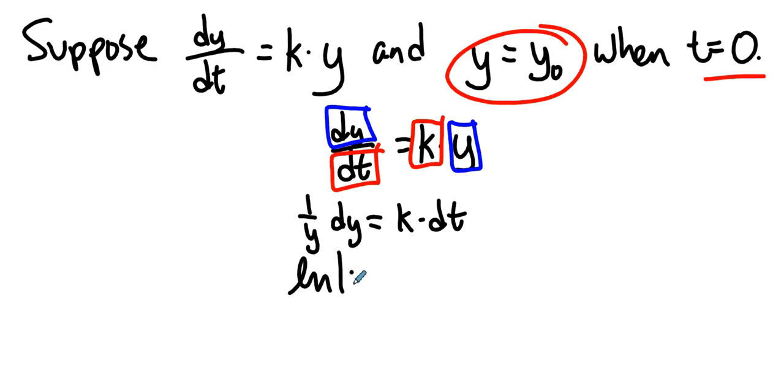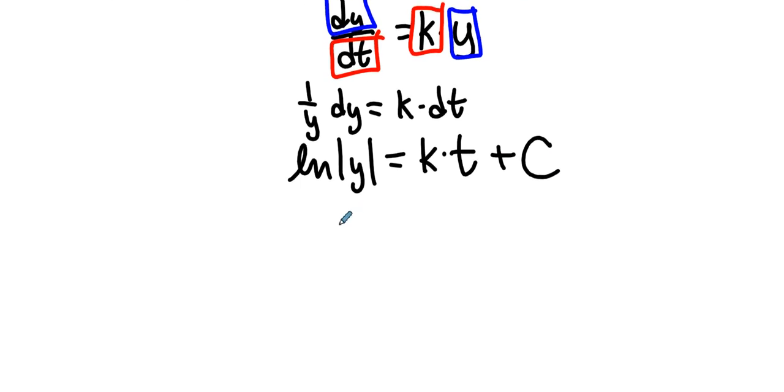This means that the left-hand side is the natural log of y, and the right-hand side is kt plus some constant. What does that mean? That means that the absolute value of y is e to the kt plus a constant.